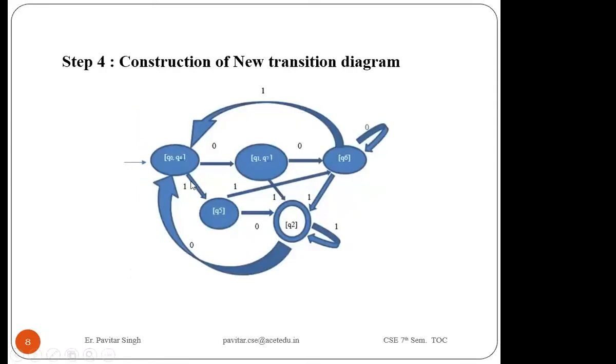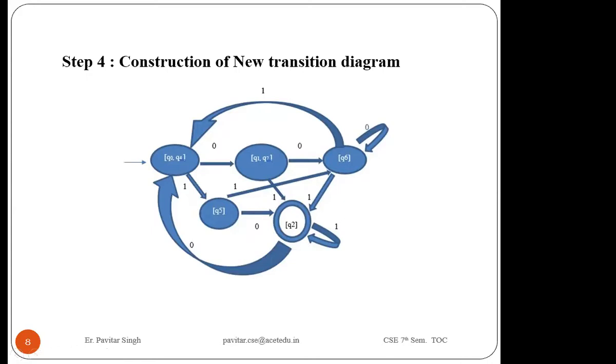You can clearly see that in the new transition diagram you have 1, 2, 3, 4, 5 states, where Q0, Q4 is the initial state and Q2 is acting as your final state because it is having a double circle.